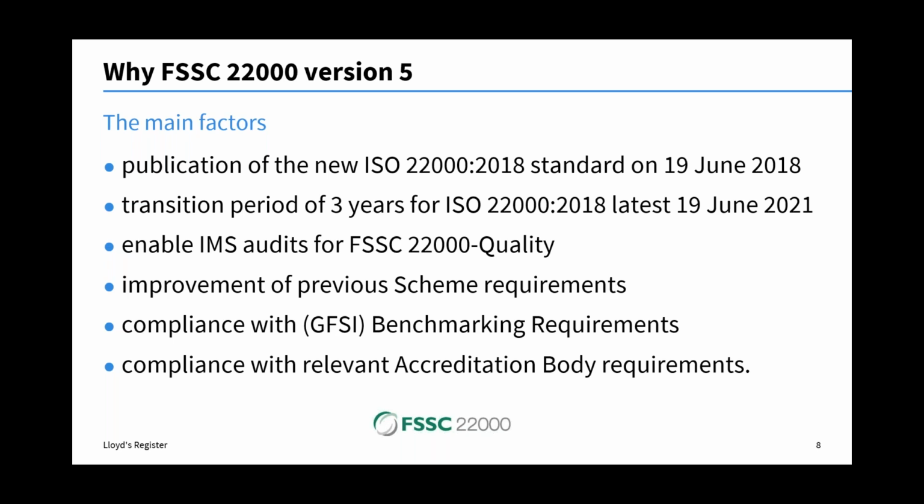There is a transition period of 3 years for transition to the new ISO 22000:2018 standard as determined by the International Accreditation Forum, IAF, and that date is 19 June 2021. So all ISO 22000:2005 certificates have to transition to ISO 22000:2018 by 19 June 2021.